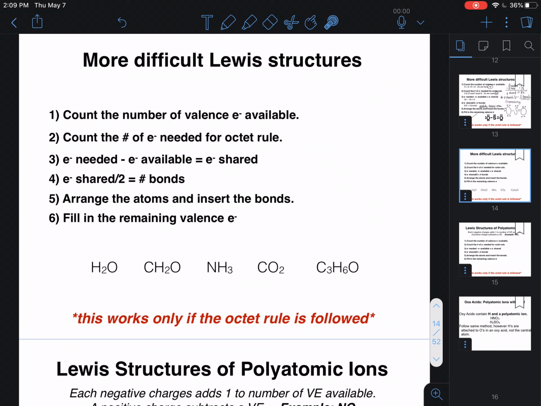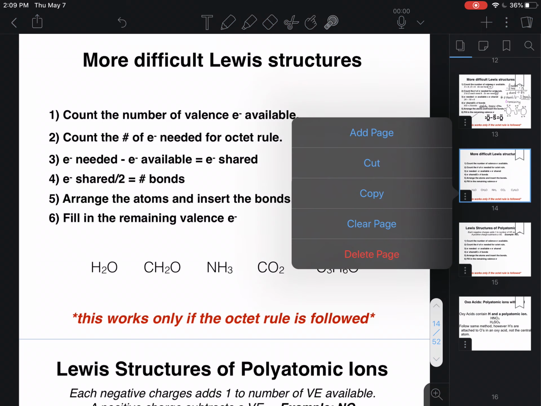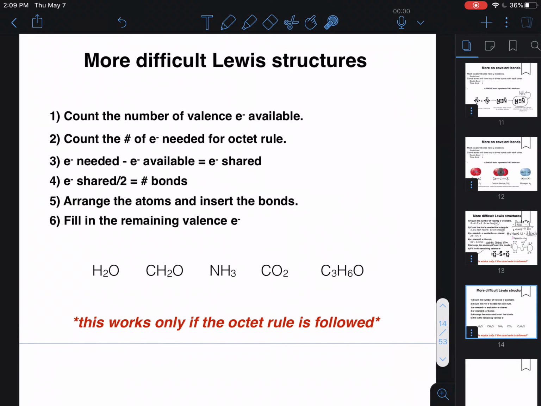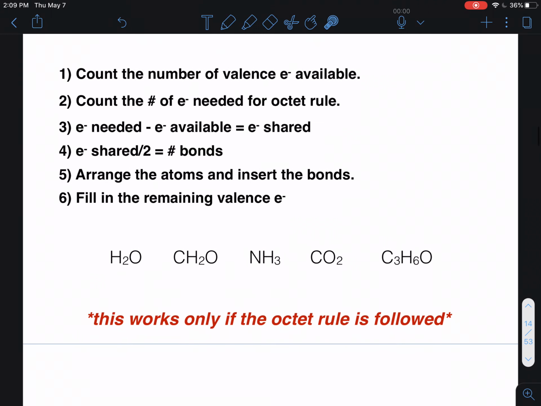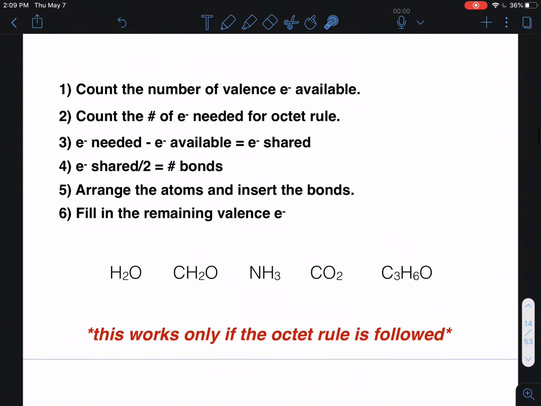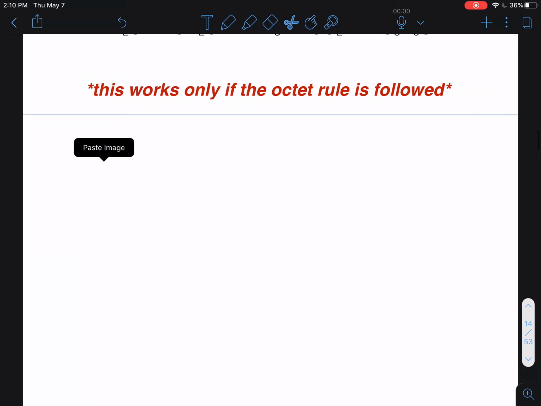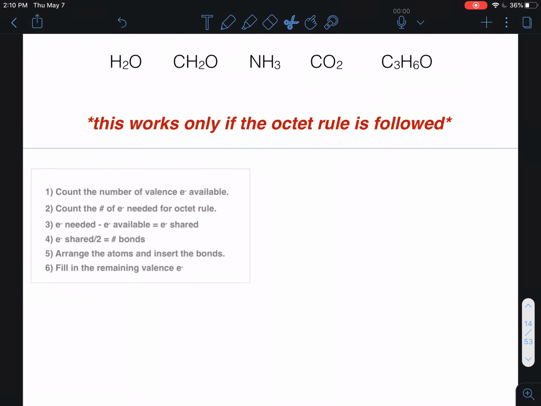You will cover those in detail in Chem 200, okay? But for this class, because this is an intro class, we're only going to be working with compounds that follow the octet rule. Okay, so I'm going to take this. Okay, so you have that.